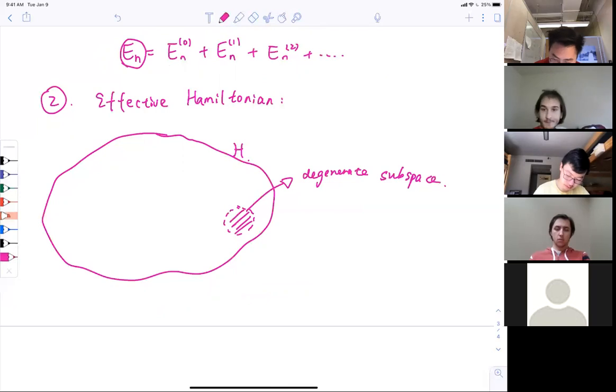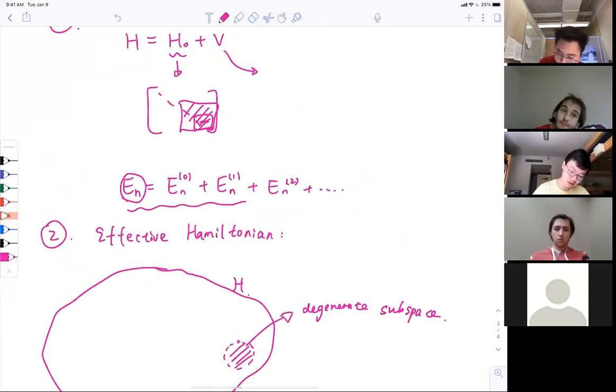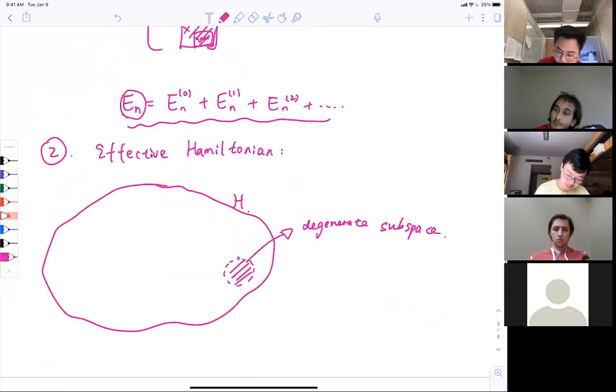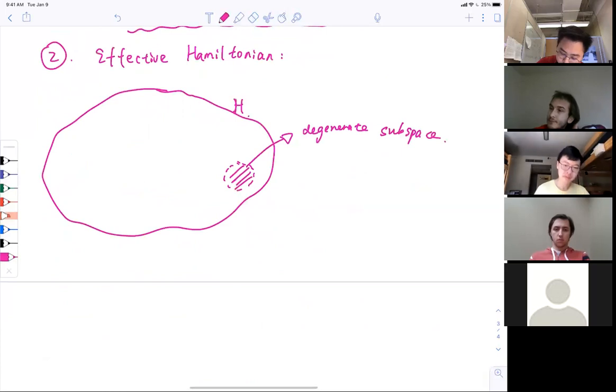The logic here is, instead of doing the perturbation directly from the whole Hamiltonian, from this complete Hamiltonian we construct an effective Hamiltonian, which only describes the physics you care about.